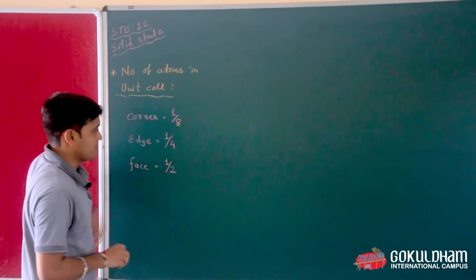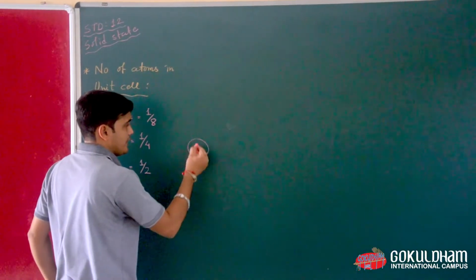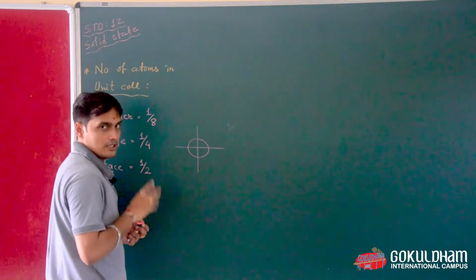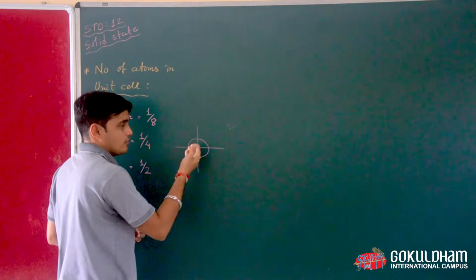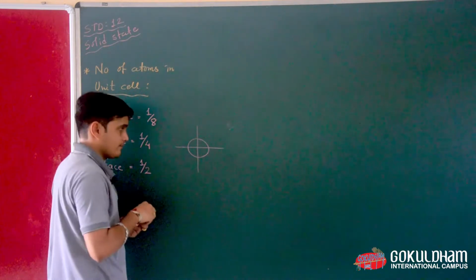Corner 1 by 8 means once a sphere is cut into 8 equal parts, 4 parts on the upper side and 4 parts on the lower side.